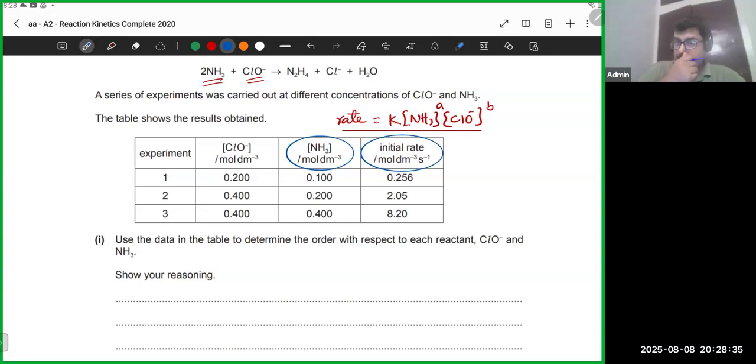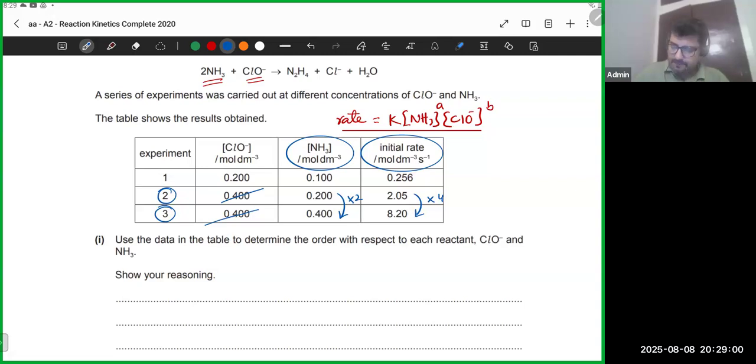Now that is possible because if you compare experiments 2 and 3, you would notice that ClO⁻ is being kept constant. So that as a variable is no longer part of the equation. Ammonia is being doubled. And what happens to your rate of reaction by just looking at it? It's increasing 4 times, right?